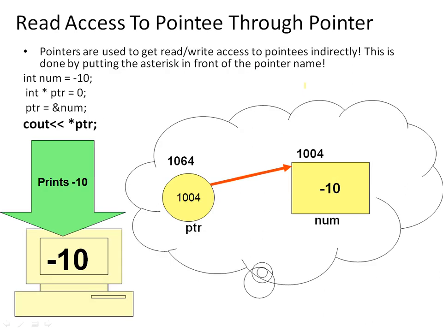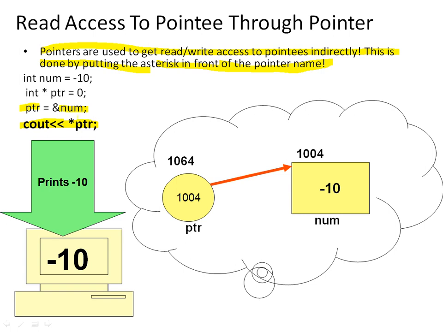Okay. So once attached to a pointee, we can have read access to the pointee through its pointer. So pointers are used to get read and write access to pointees indirectly. This is done by putting the asterisk in front of the pointer name. Here ptr got assigned to a pointee called num. If I write a program statement like this one, cout is outputting something.